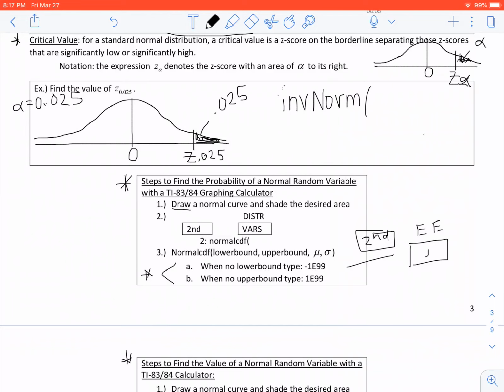Again, if you have the area to the left of 0.025, to find the area to the right, we're going to do 1 minus that, which is going to be 1 minus 0.025, which is equal to 0.975. So if you have an older style calculator, you're going to put in your area to the left, which is going to be the 0.975, comma the mean, which is 0, and the standard deviation, which is 1.